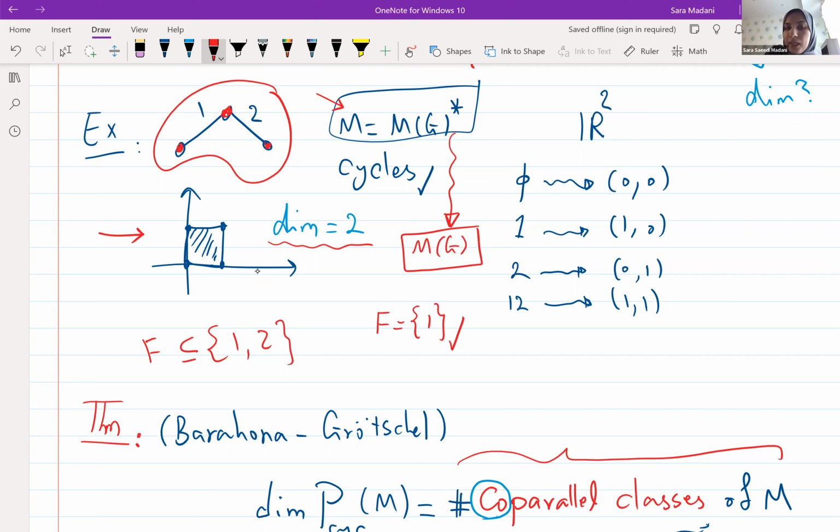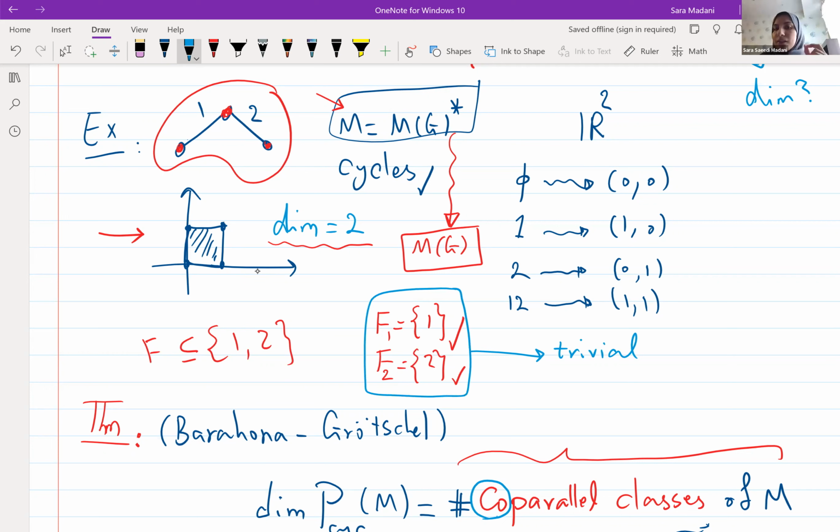And with the same reason, if I take F1 and F2, the singleton of 2, this is also a parallel class. We call these types of parallel classes, which consist of just one element, trivial parallel classes. But we cannot find more. So we have just these two parallel classes of MG.